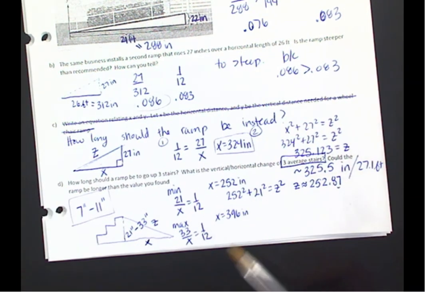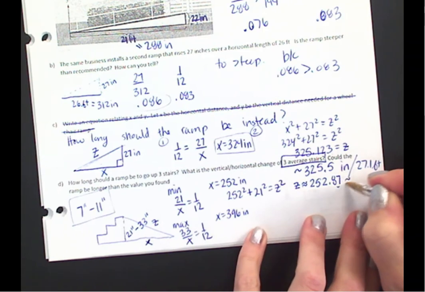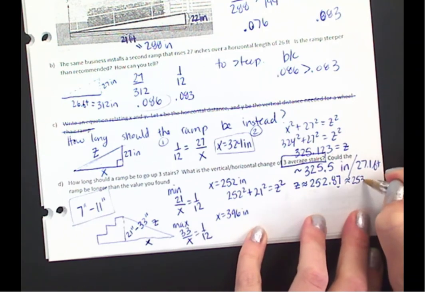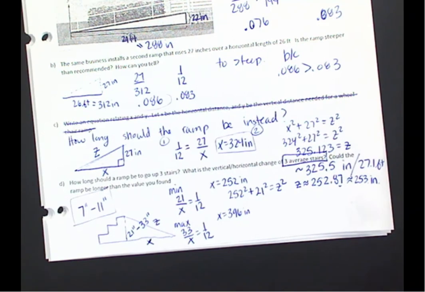It's almost the exact same horizontal distance. But you don't round down, that makes it too short. So you'd have to round that up, 253 inches. Right? What measurements do the supplies come in? Maybe they just round up more because it's easier not to cut the material. Doesn't matter. It just depends.